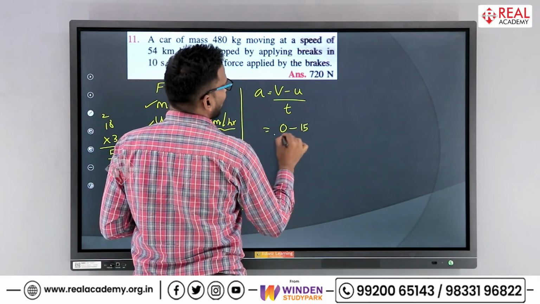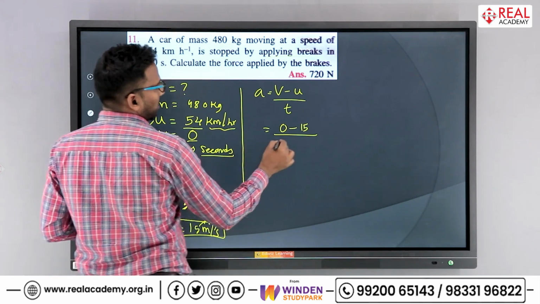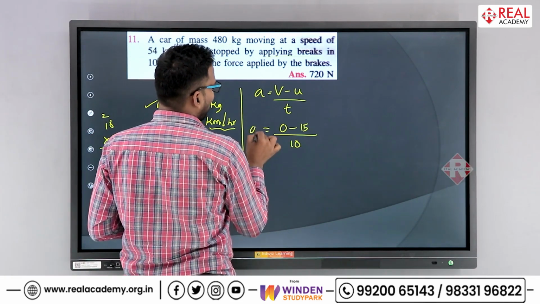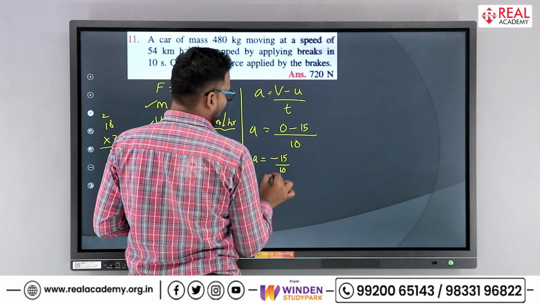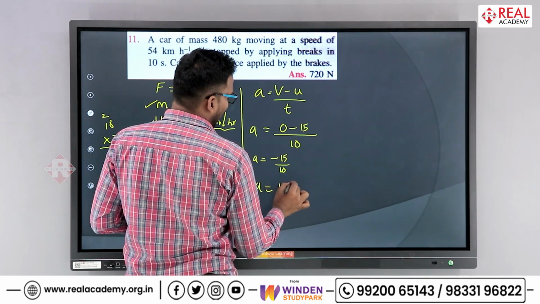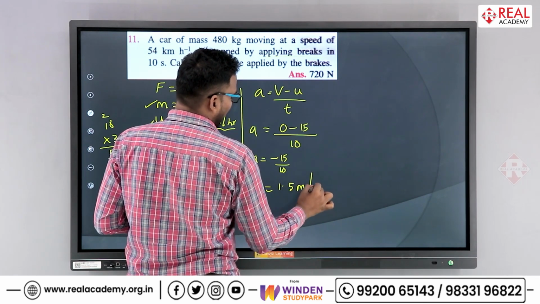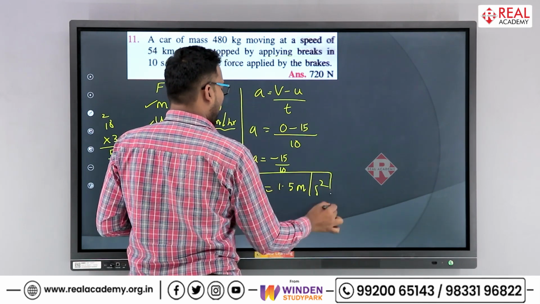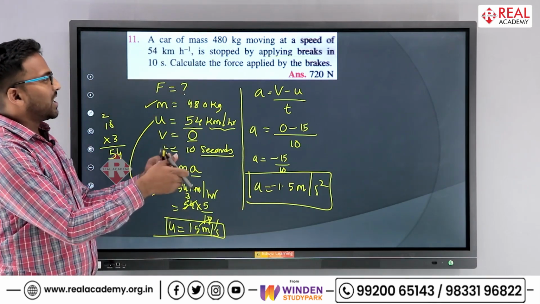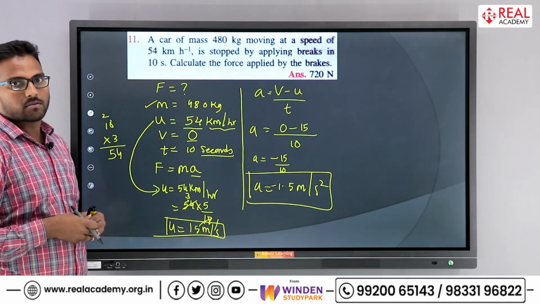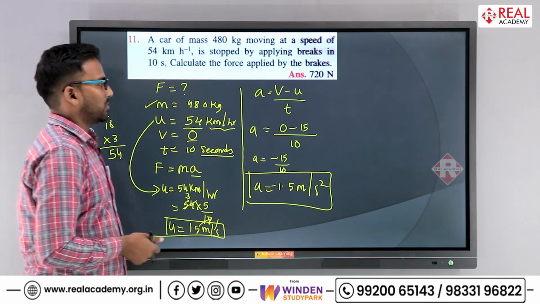This is 15 meter per second upon time, 10 seconds. So what will be the acceleration? Acceleration is minus 15 by 10, which is nothing but 1.5 meter per second square if I take only the magnitude, and the negative sign implies the acceleration is decreasing, that means it's a retardation.